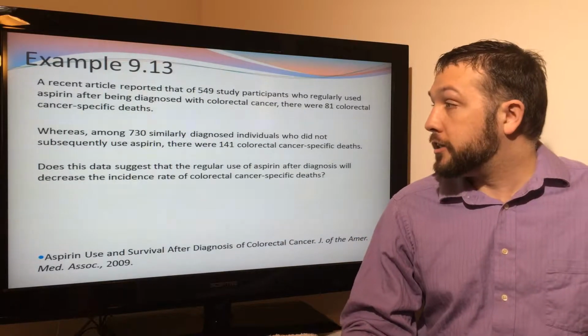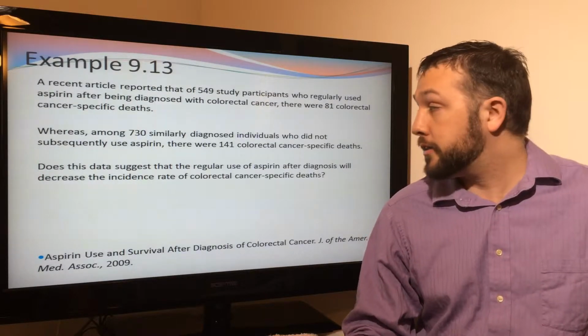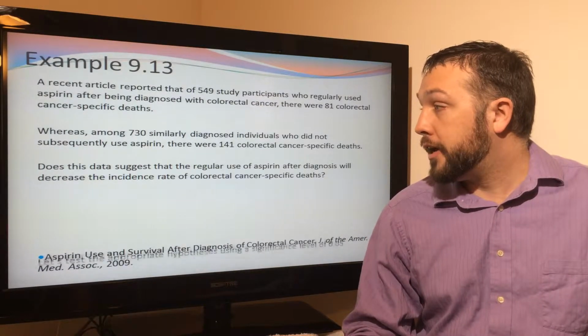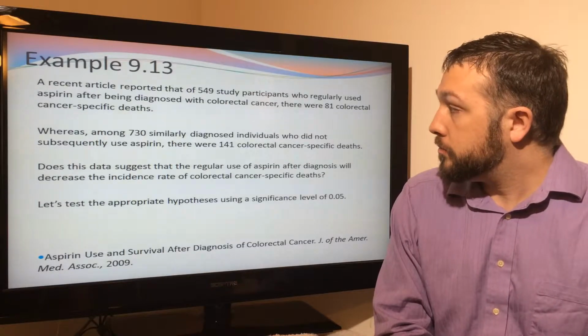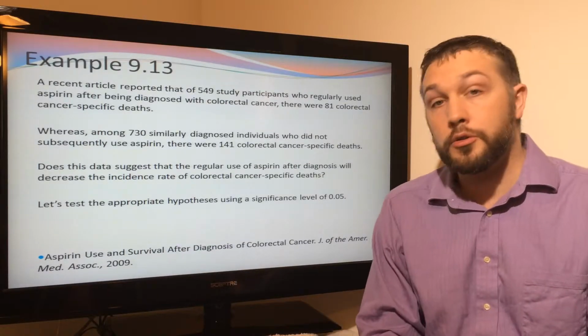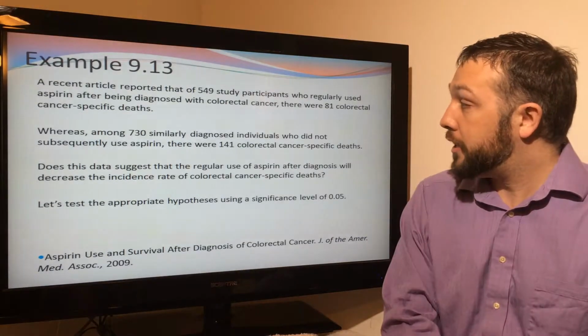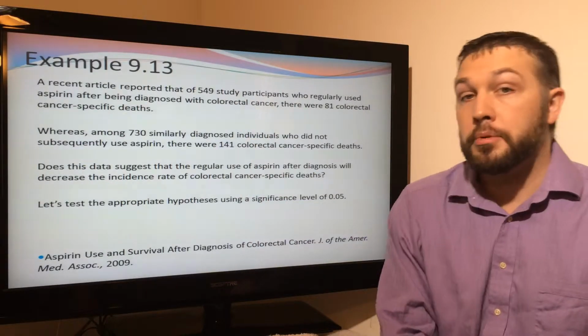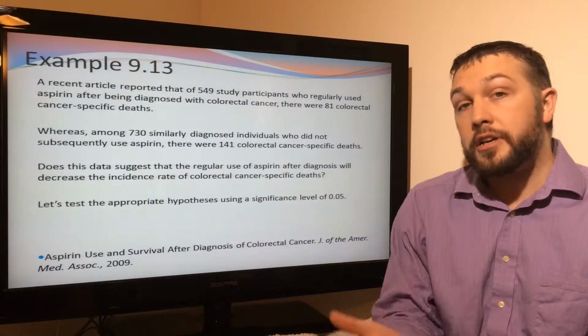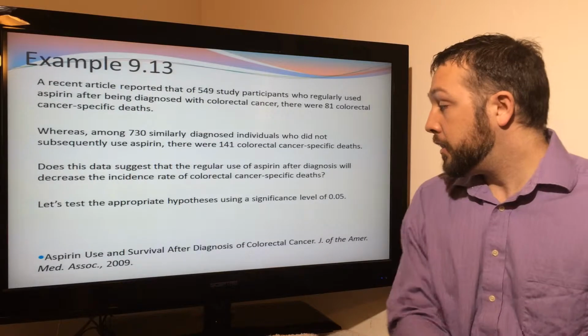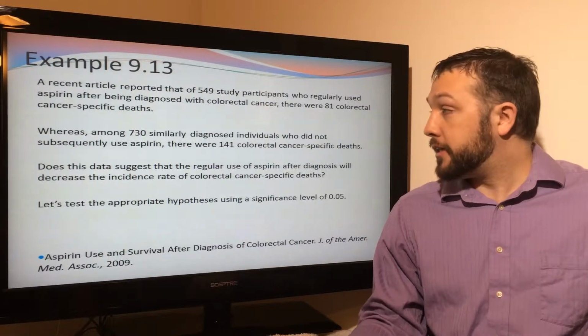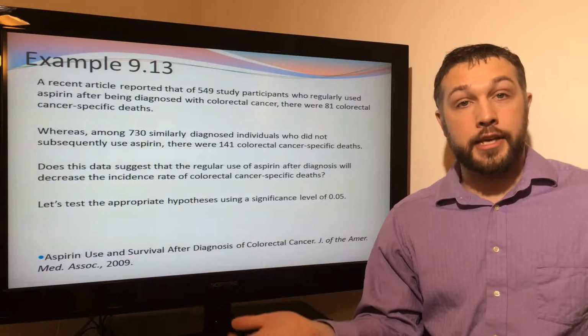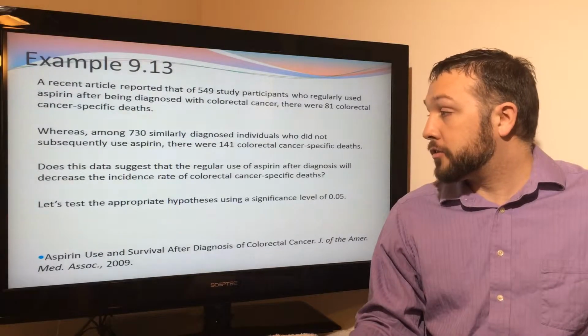So let's take a look at these two proportions and see whether or not they're any different. Of course, if this study is a controlled experiment, then we can infer that the difference between the two proportions, if there is one, will be caused by the aspirin. So let's do a hypothesis test to see whether or not aspirin actually helps the incidence of colorectal cancer.